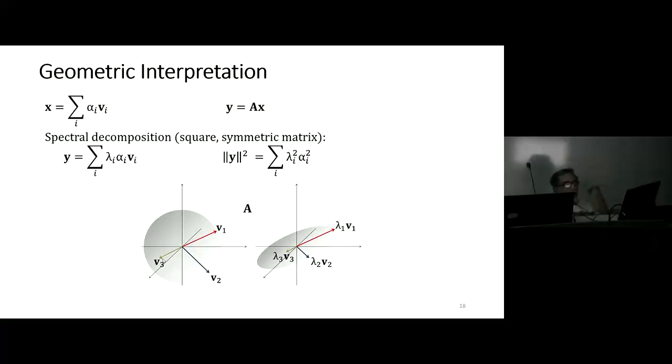And likewise, we want something that's orthogonal to both v1 and v2. The answer is the third eigenvector v3. When x equals v3, y equals lambda 3 v3, and so on. The directions won't change when these are the eigenvectors. Otherwise, there will be some change, rotation, or something.